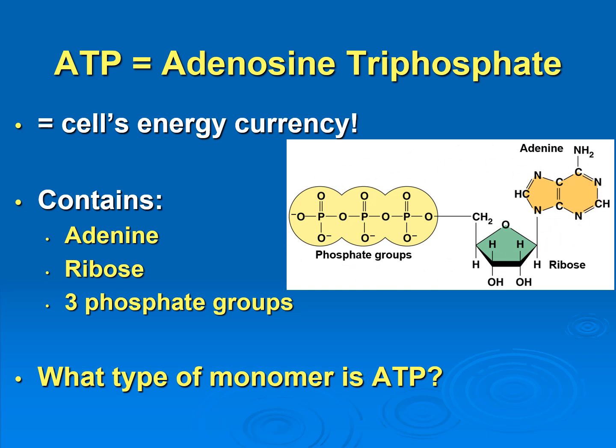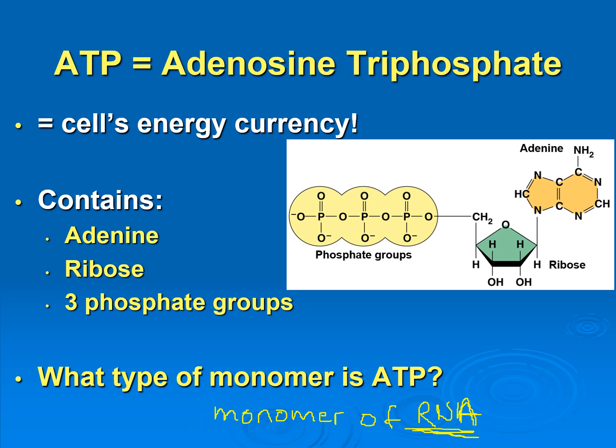And then to answer a question here, what type of monomer is ATP? So out of our macromolecules, what actually is ATP? So ATP is actually a monomer of RNA. And remember, RNA is a nucleic acid. So that's kind of interesting.